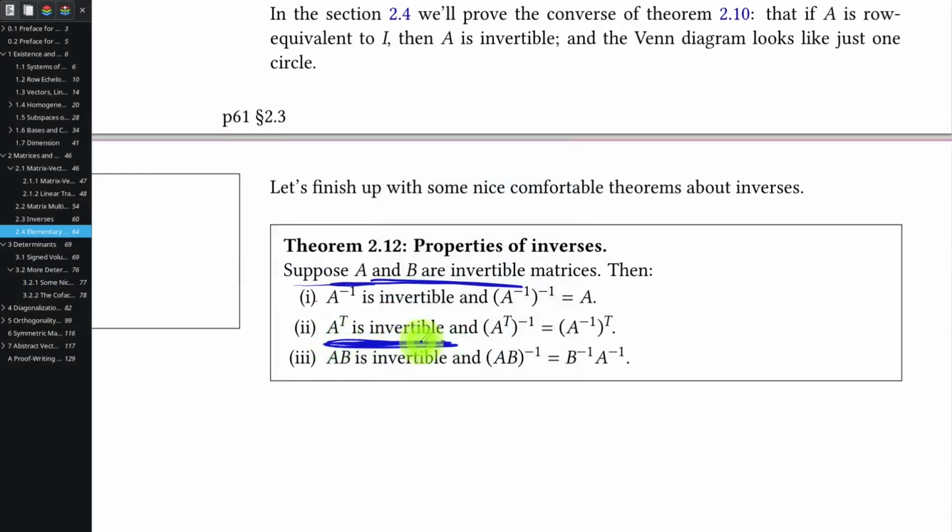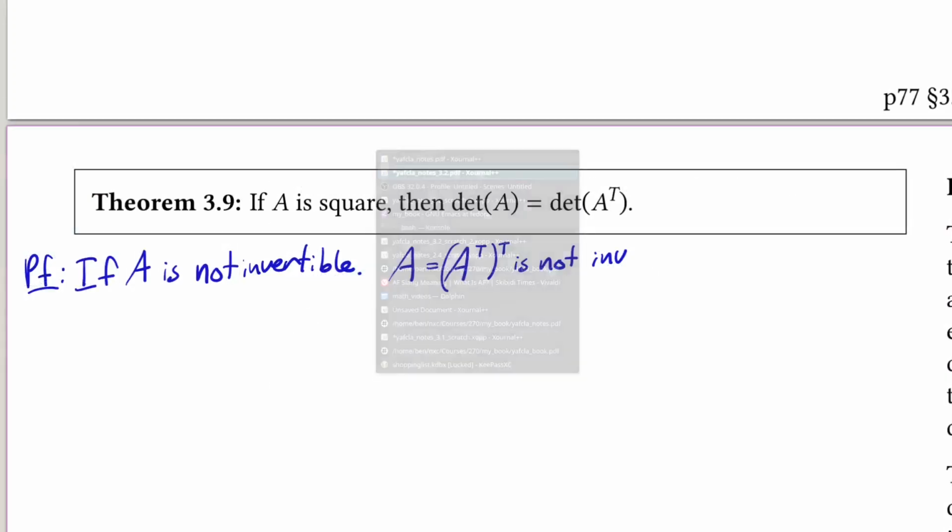So A transpose is not invertible. That means A cannot be invertible. But of course, instead of A here, what I'm really talking about is A transpose. So if the transpose of A transpose is not invertible, that implies A transpose is not invertible.